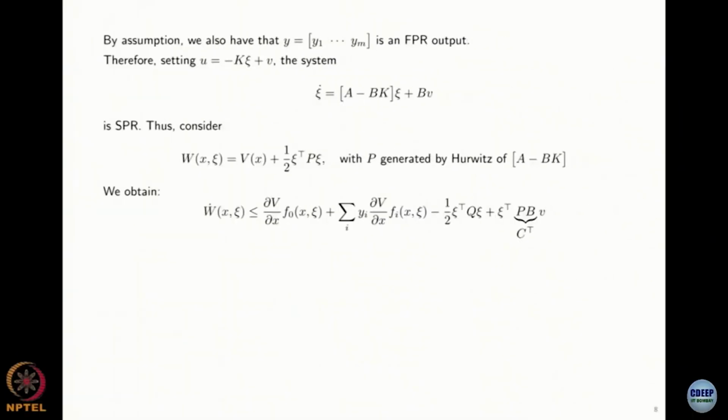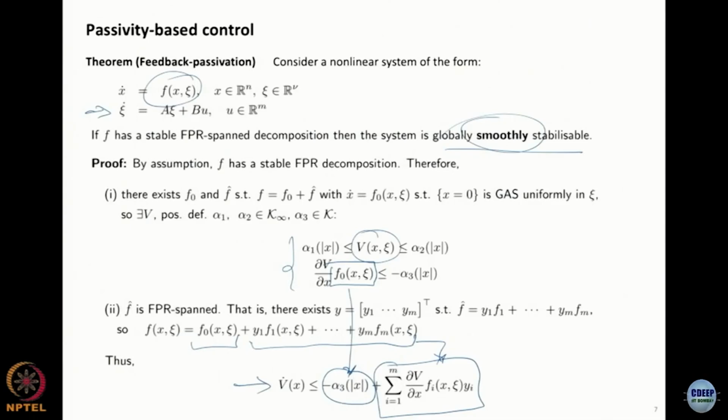The next thing you want to do is design an additional input in that system that will take care of those nonlinearities. All you have to do is add to the Lyapunov function that you initially designed for f0. Sorry, I wrote it as a function of x, but it's also a function of psi.